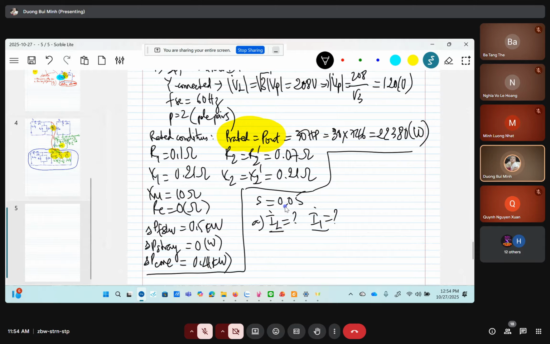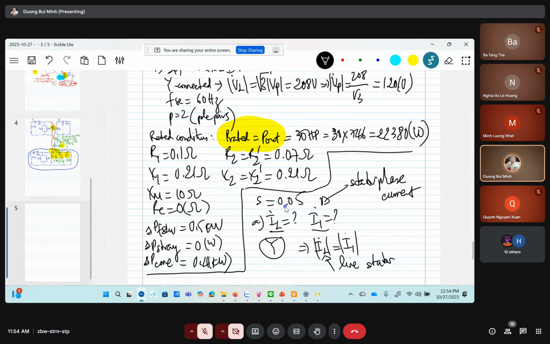I1 is the phase current, but we have Y connection, so I_L and I1 are the same. This is the stator phase current, and this one, of course, the line current, the line stator current.